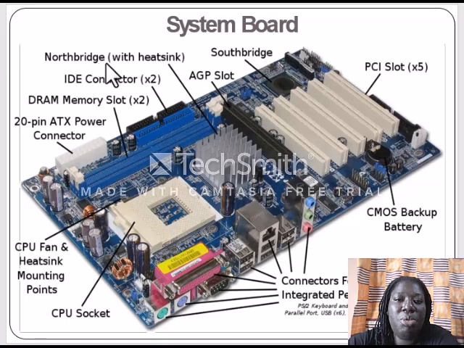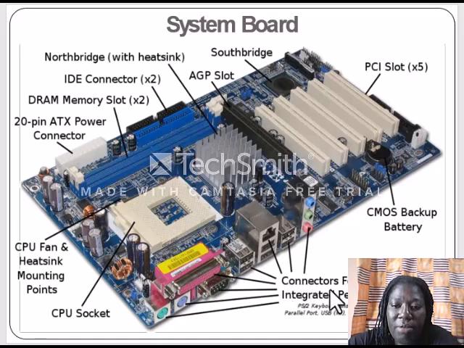The North bridge. This is how it looks. The AGP slot, the South bridge, the PCI slots. Let's see the number of slots we have for the PCI. 1, 2, 3, 4, 5. Okay. Then we have the CMOS backup battery. This is how it looks. And the connectors, all the connectors that you can see.